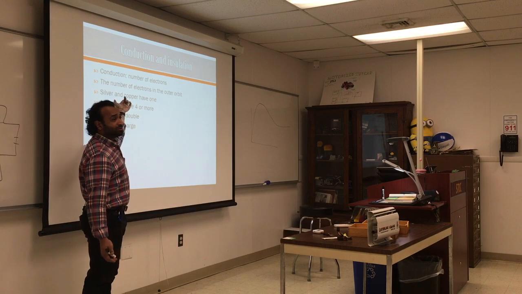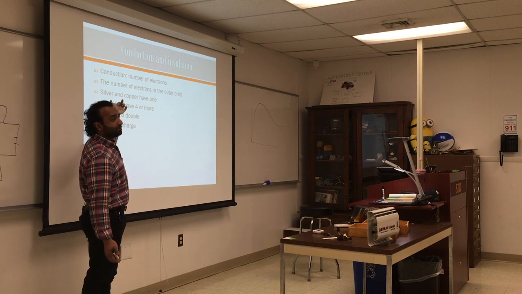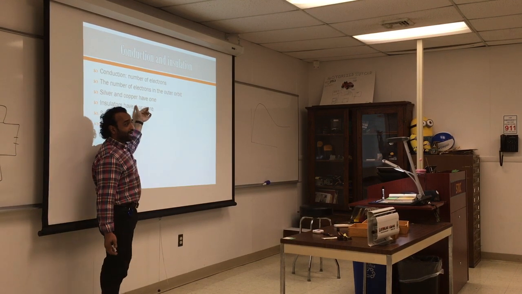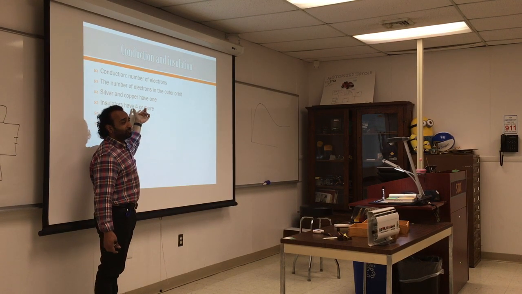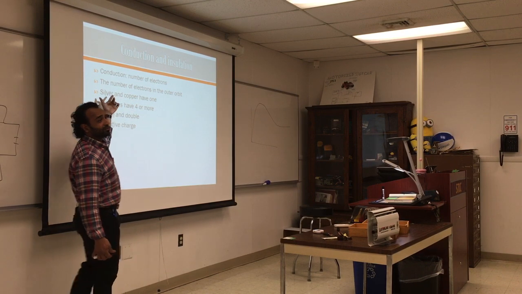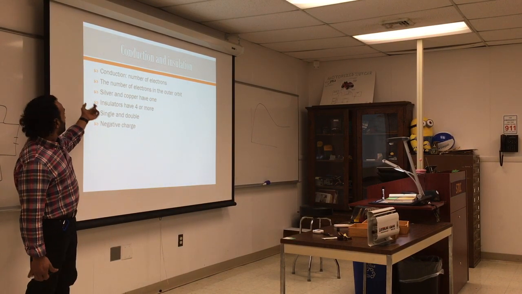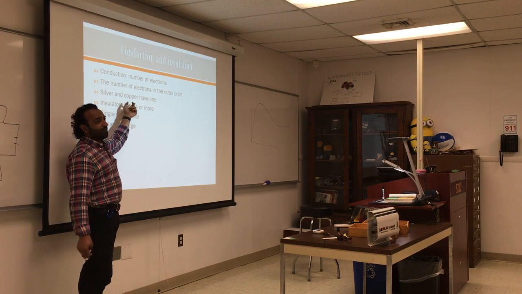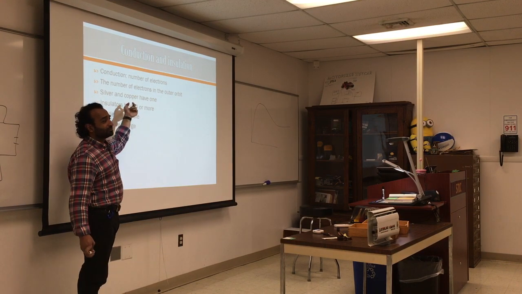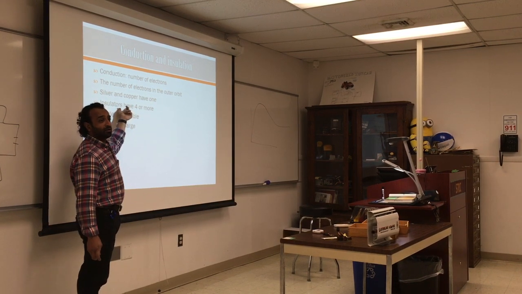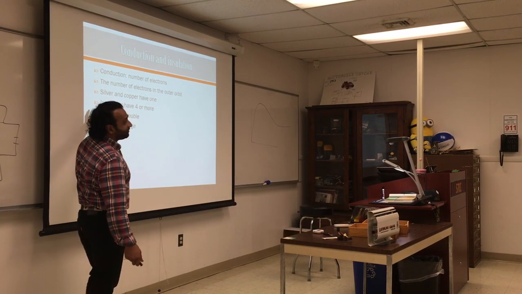The best conductor, of course, is gold. Second is silver. Third is copper. I don't think anybody can afford silver and gold as wires, so copper is a good one. What's after copper for conduction? Aluminum, yeah. So there are wires made out of aluminum. If you run out of copper, you can use aluminum.